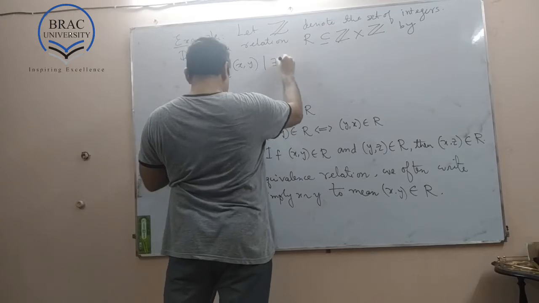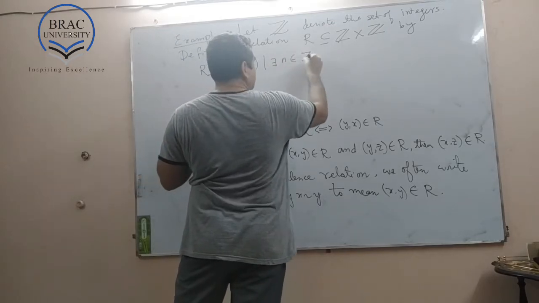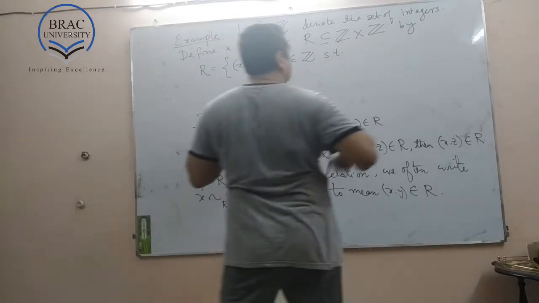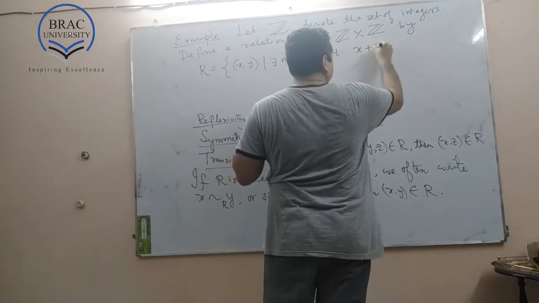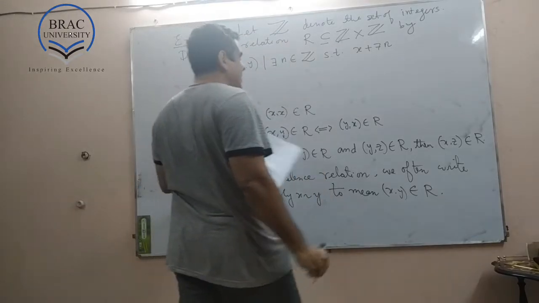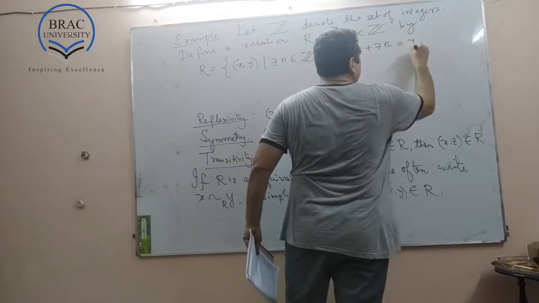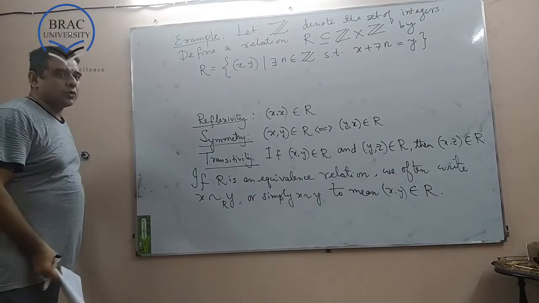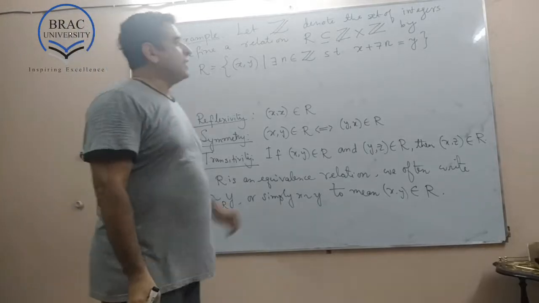There exists n in the set of integers such that x plus 7n is equal to y.